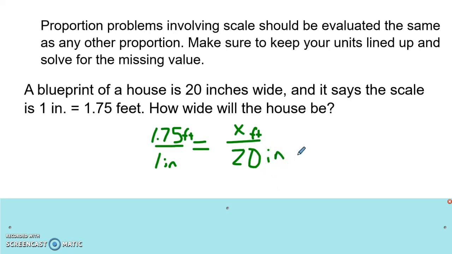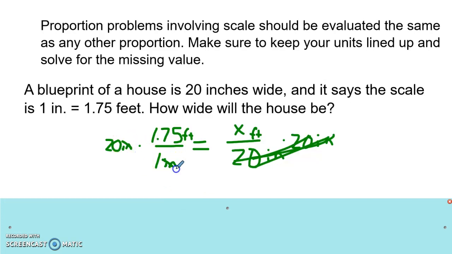All right, so now I can cross multiply, or because I have the variable up here, I can simply multiply by 20 inches and multiply by 20 inches. You can see that those values are canceled, and these values are not the same, but the units are the same.